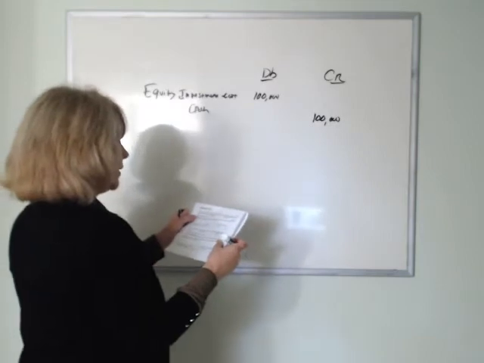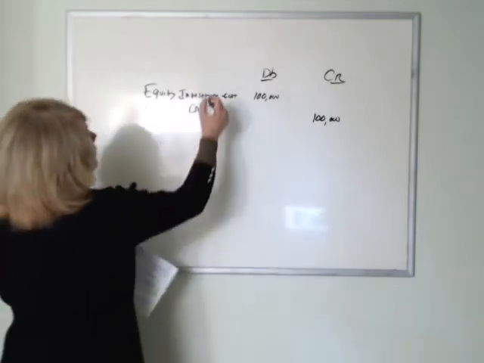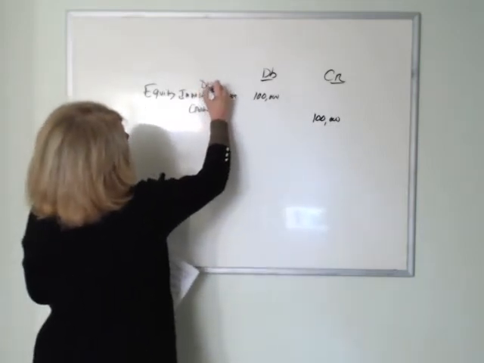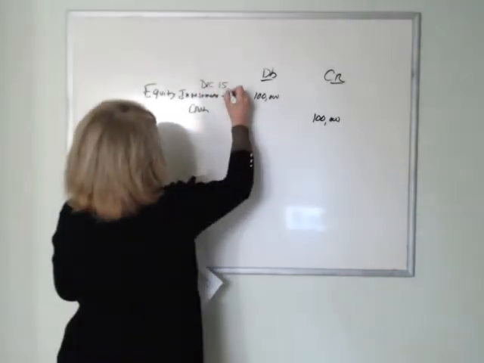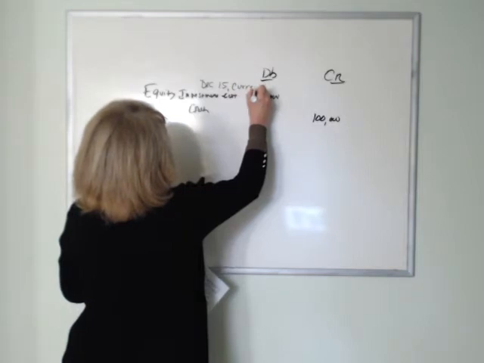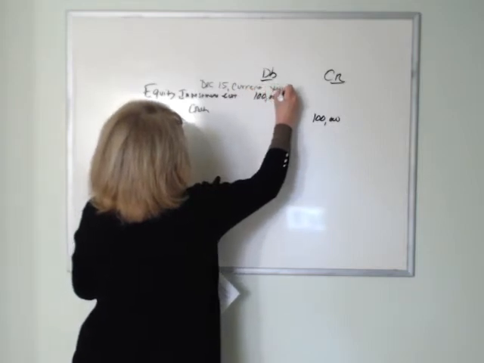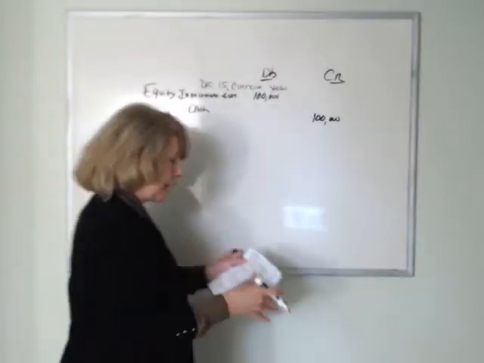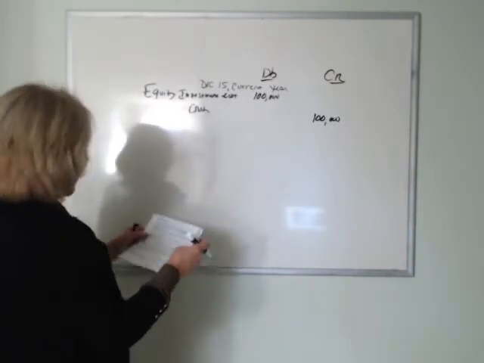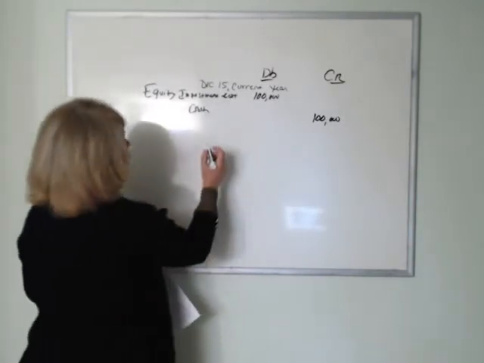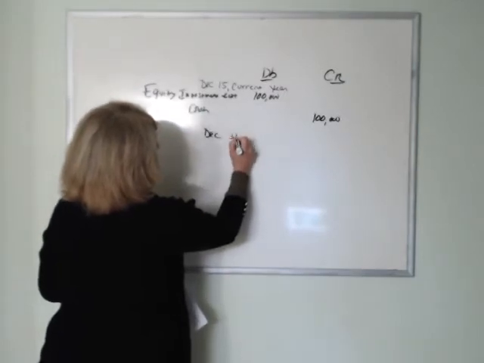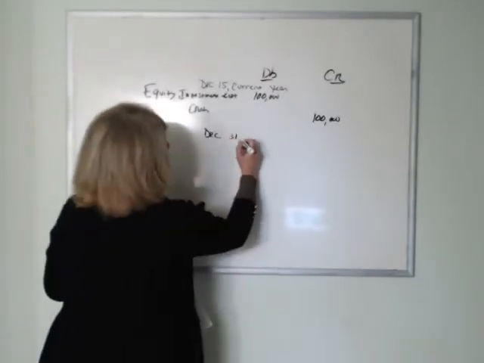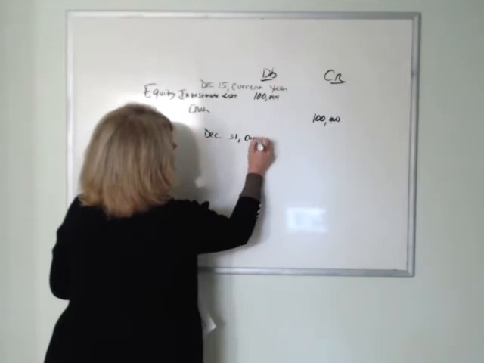All right? What's the date of this entry? December 15th, current year. All right, that's the date. I'm trying to set it up the same as your lab. Okay. Now, this next journal entry is going to be at December 31st. This is also the current year.